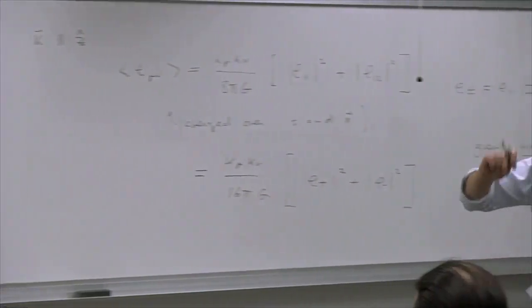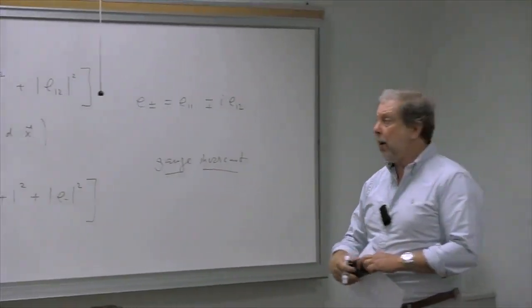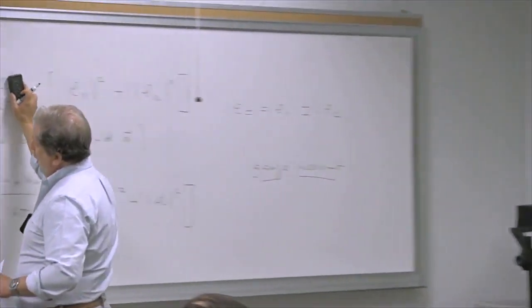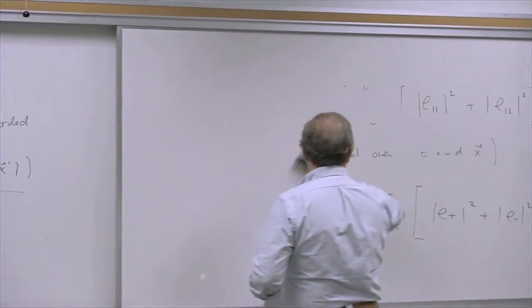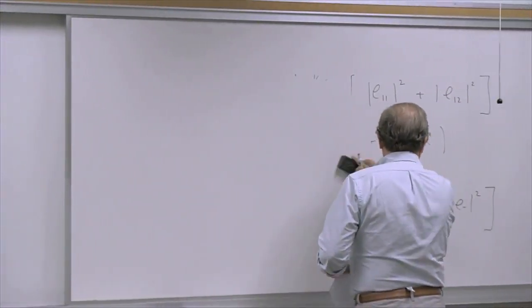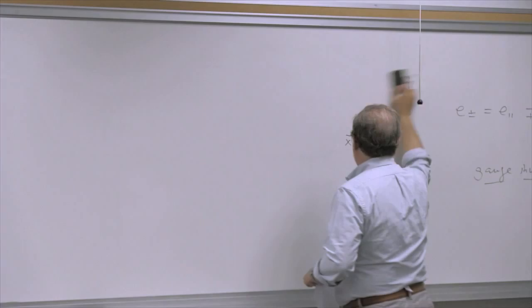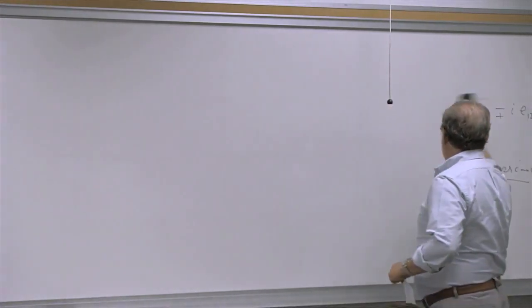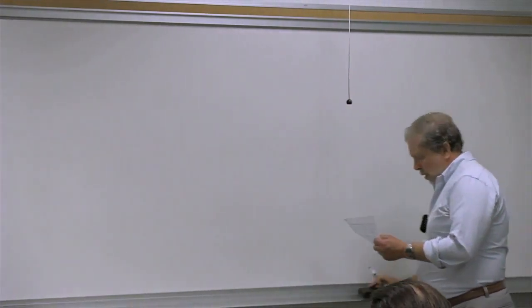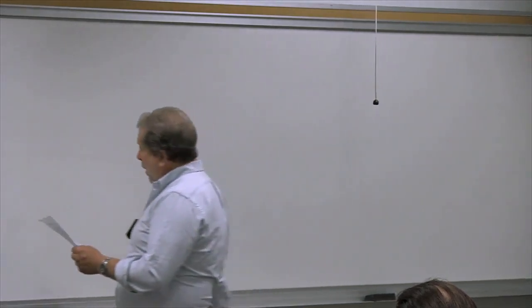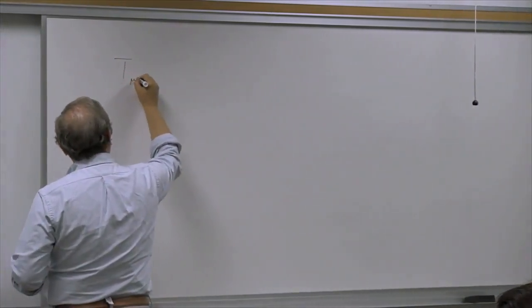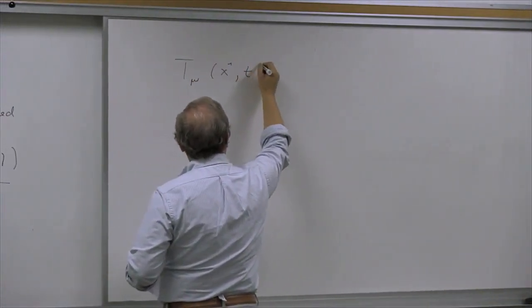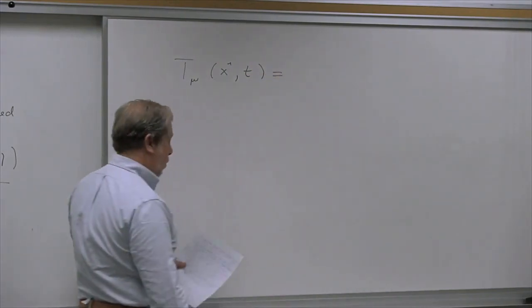So now, in general, these sources have some definite frequency. Like in electromagnetism, there is a charge that is moving up a wire in the antenna, and that usually has some frequency, which is omega. And so it is useful at this point to write things in terms of Fourier amplitudes. So we're going to Fourier decompose T_{μν}(x,t).